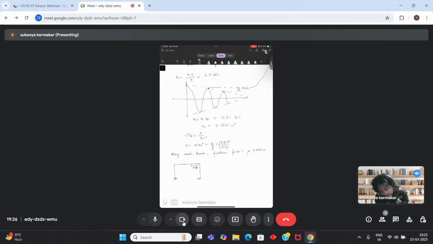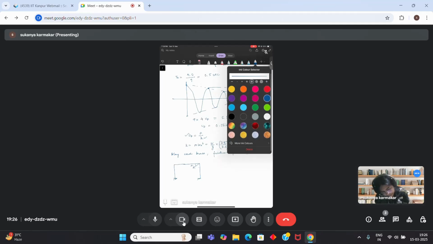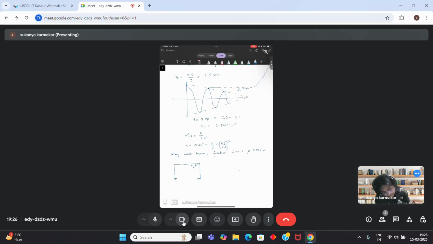Suppose this is FB. Because of one brace, what is its component in the lateral direction?